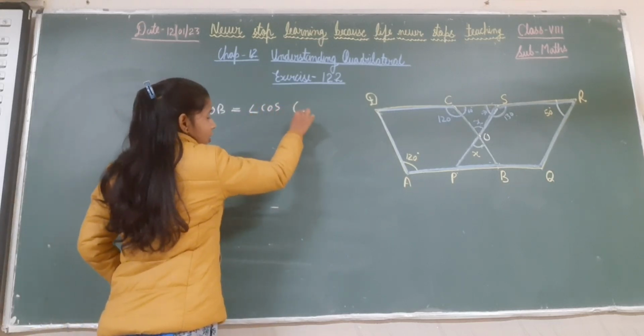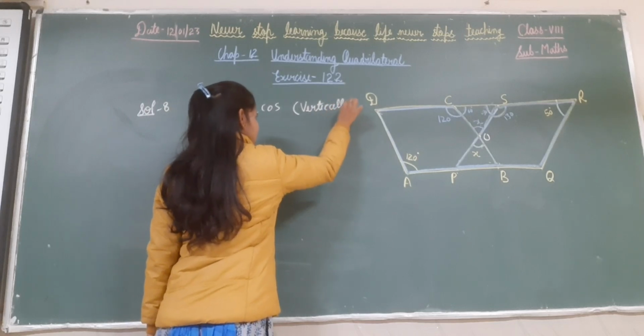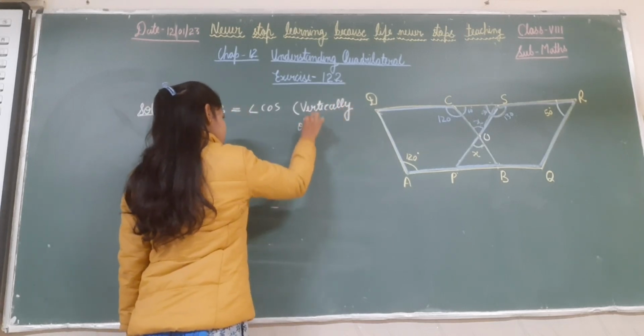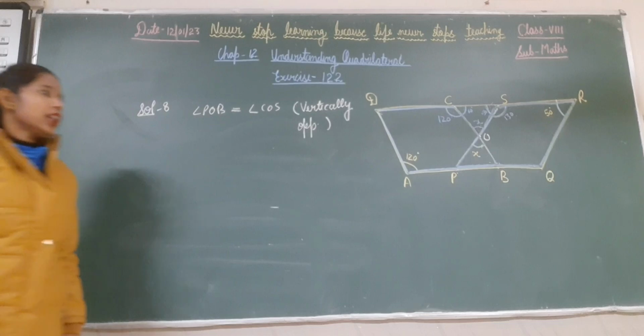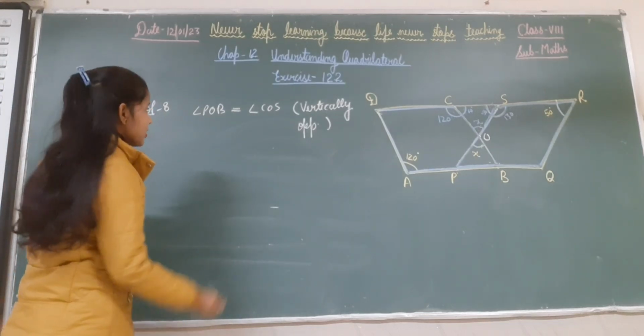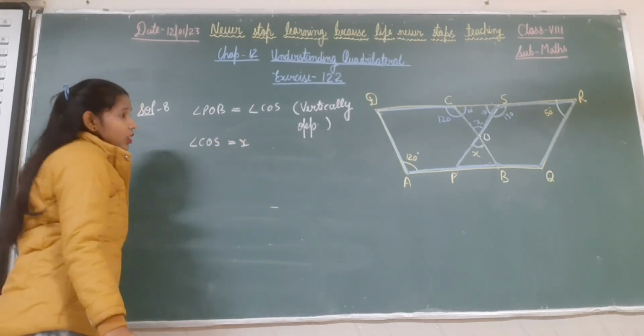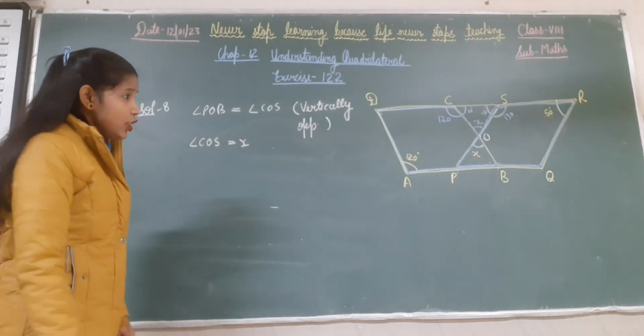Why? Vertically opposite angles. So vertically opposite angles are equal. That means angle COS is equal to x. Now in triangle COS.